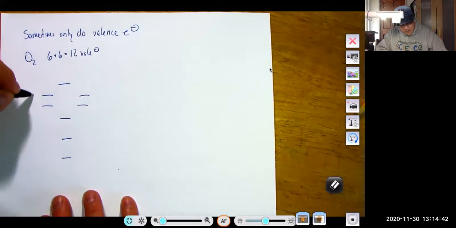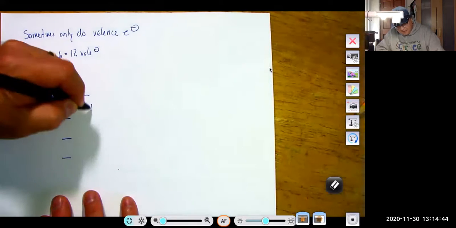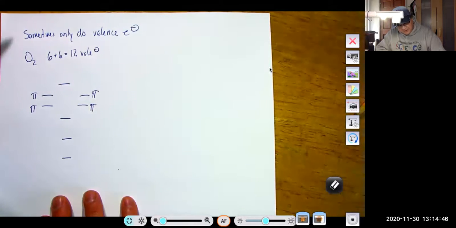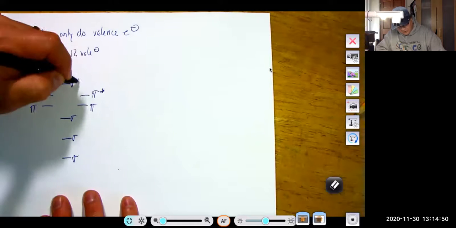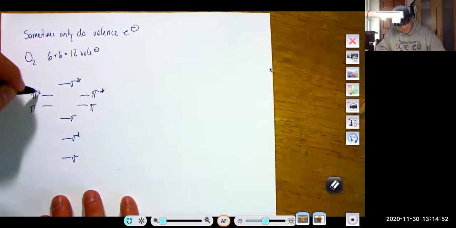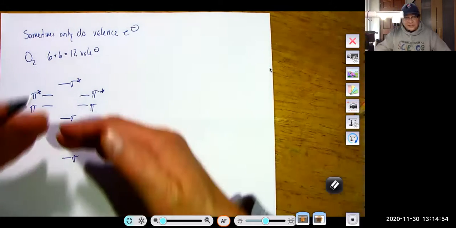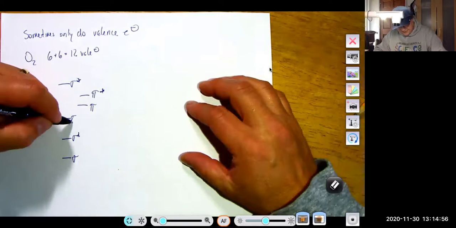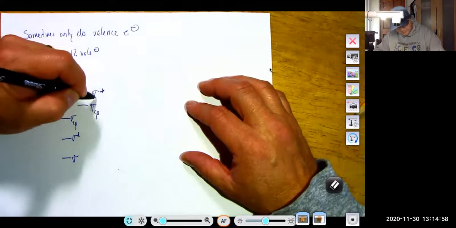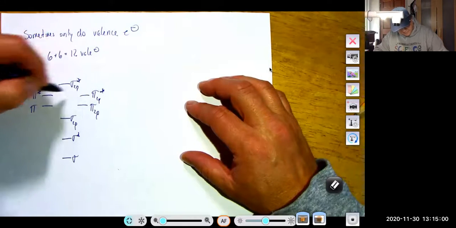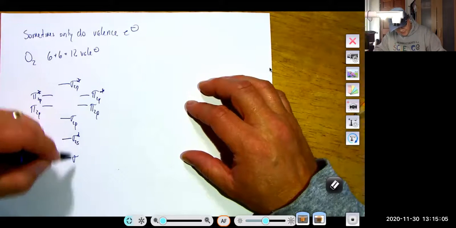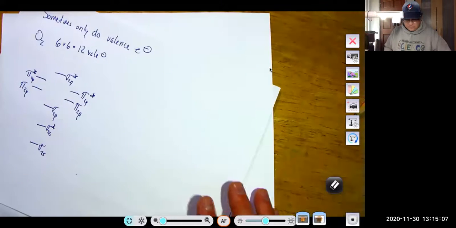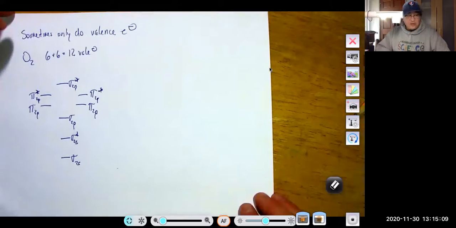So this is pi, pi, sigma, sigma, star, star. And the 6 at the top are 2p's, and these are 2s's because the 1s's are not shown. We don't show the core electrons.